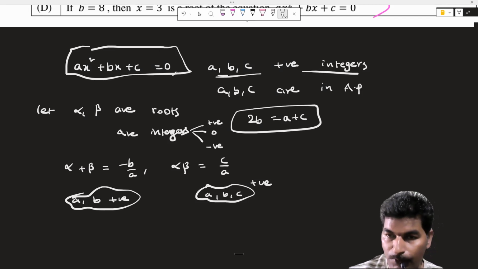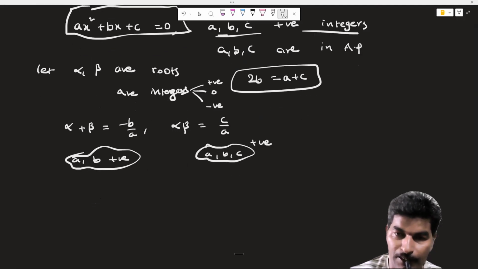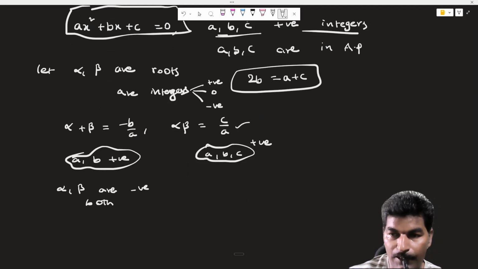The sum of the roots is minus b by a, which is negative, so alpha and beta are negative numbers. Both are negative numbers. Negative into negative gives a positive quantity, like c by a.